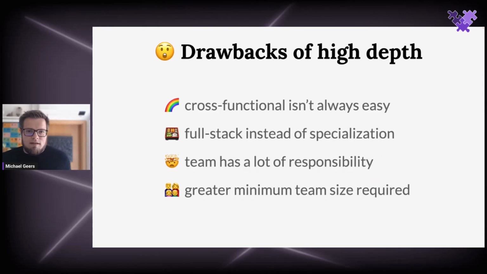But this isn't all. There are also drawbacks that come with a setup where you go with high-depth teams. So running or being part of a cross-functional team isn't always easy. So we have people with different mindsets, with different backgrounds, and sometimes you need to be quite professional to make this work and to be productive in this environment. It's also having a full-stack team.